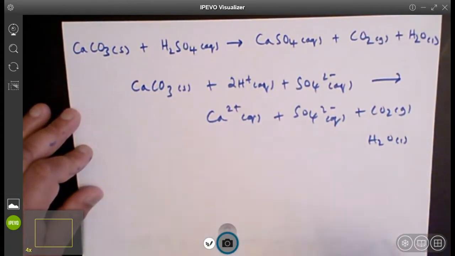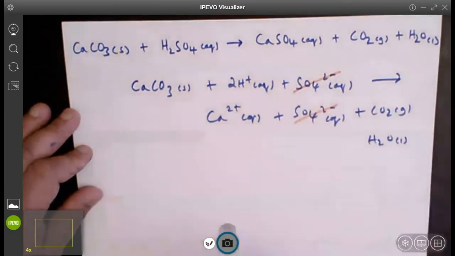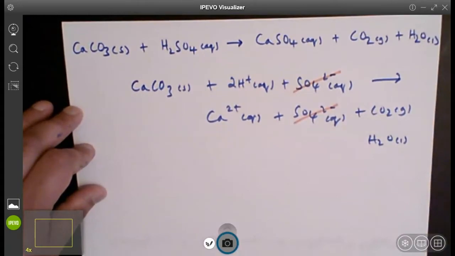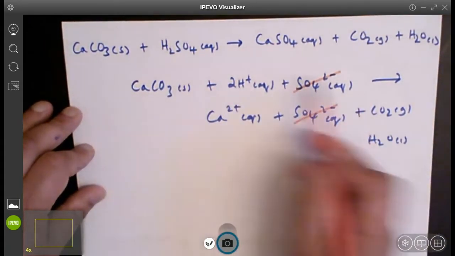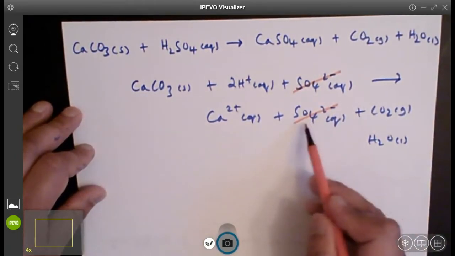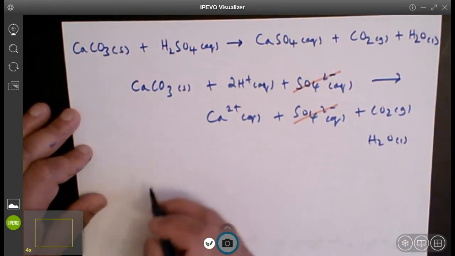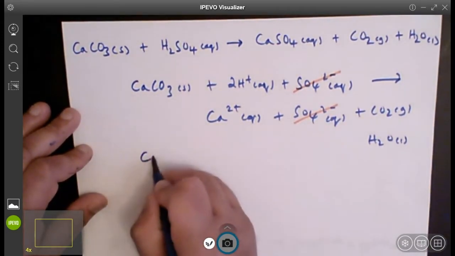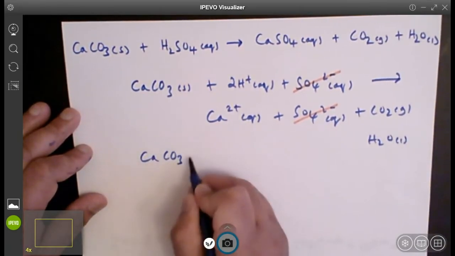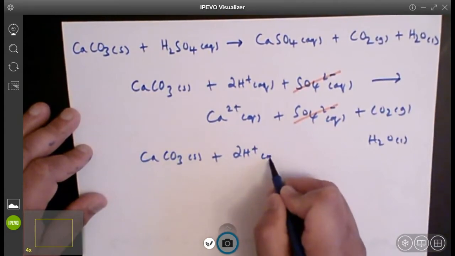I can see that this one down here, the sulfate ion, will cancel with the sulfate ion on that side. If you can see, on the left-hand side of the equation, the sulfate ion there, and on the right-hand side of the equation, the sulfate ion there. They're the spectator ions. And so now what we've ended up with is our ionic equation, which is CaCO3 solid plus the 2H+ aqueous.